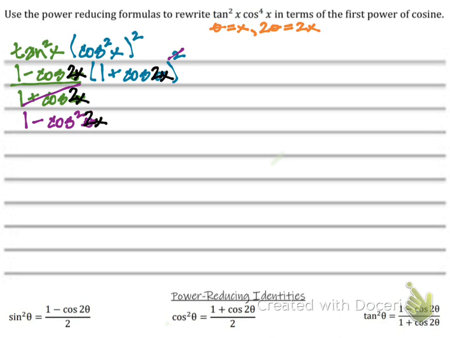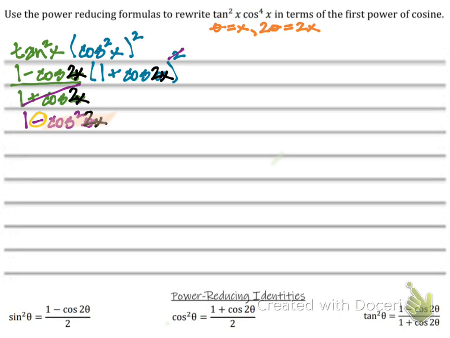You follow me after my mistake? I just needed that to be 2x. So now I need to reduce this guy, right? And notice we have that subtraction sign again, so we're going to have to be careful.